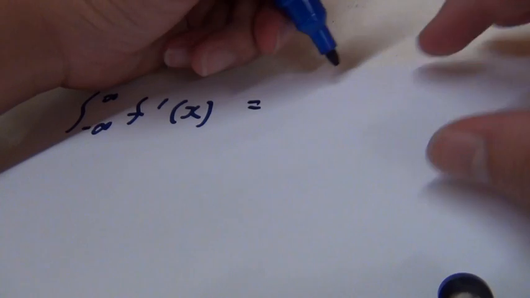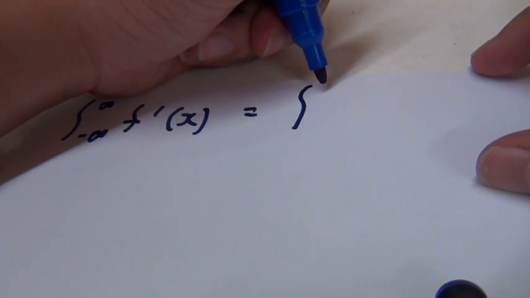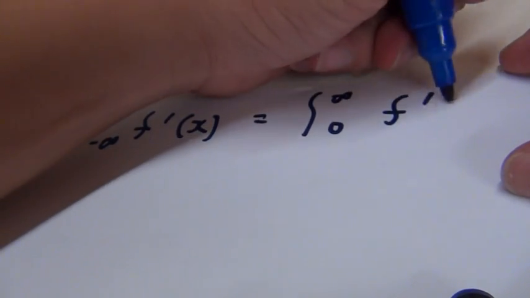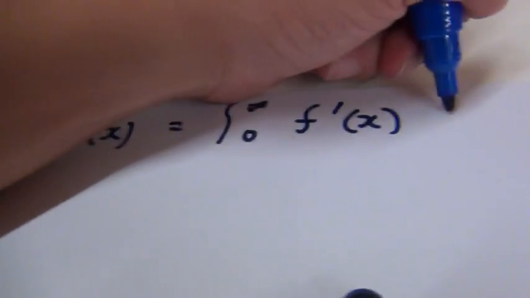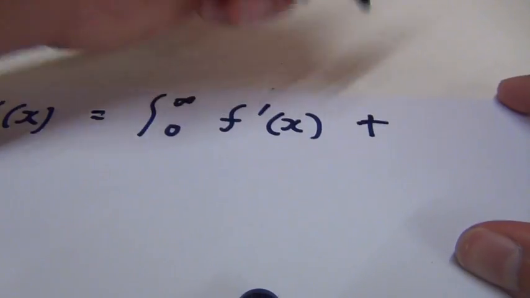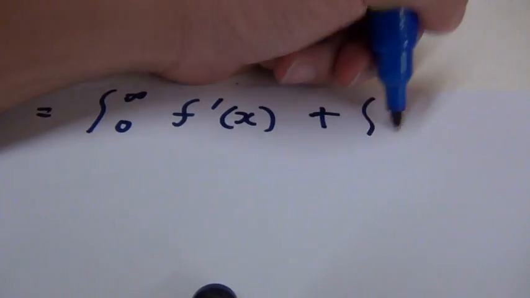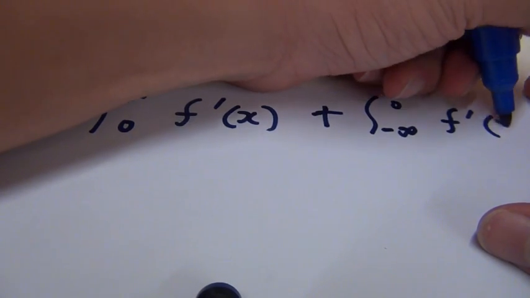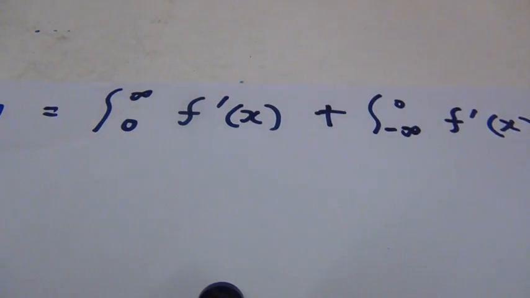You write it like this: from 0 to infinity, f dash x, plus from negative infinity to 0, f dash x. This is what you need to do.